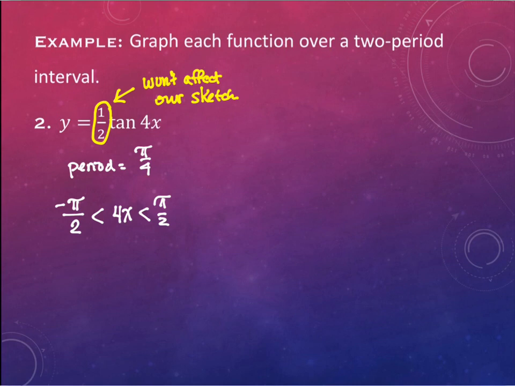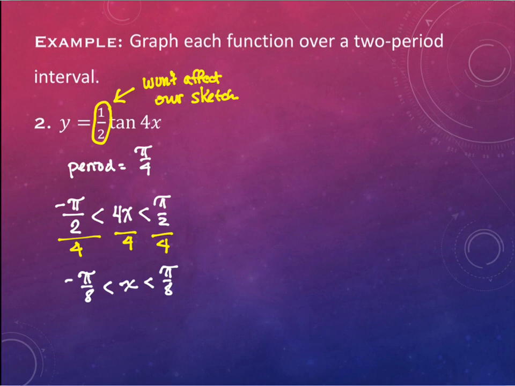Yeah, you're going to divide by 4. Or similarly, you could say you're multiplying by 1/4. Either way, this is going to give me negative pi over 8 to pi over 8. Right? Pi fourths divided by 2 is pi eighths.